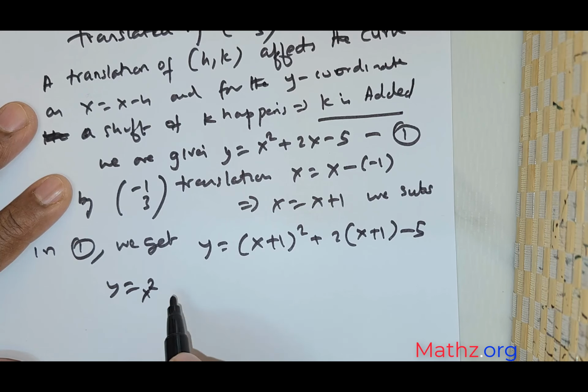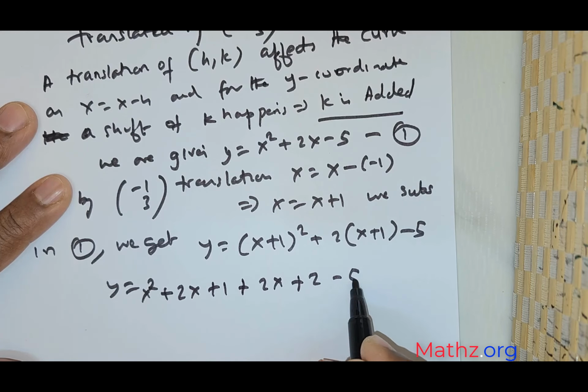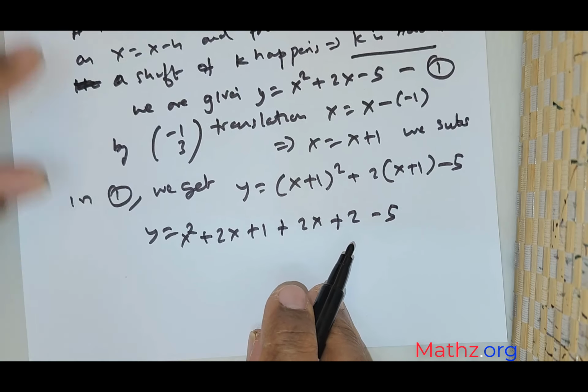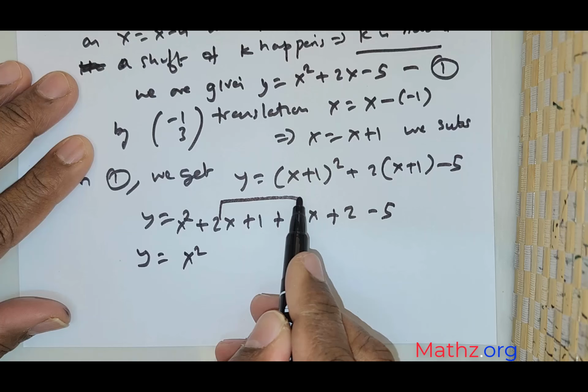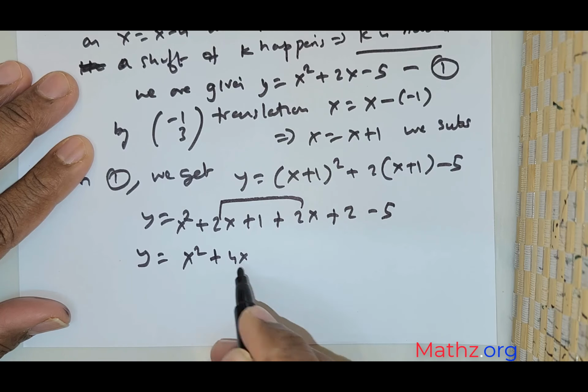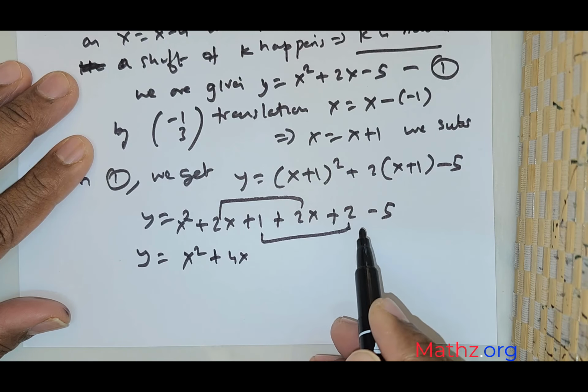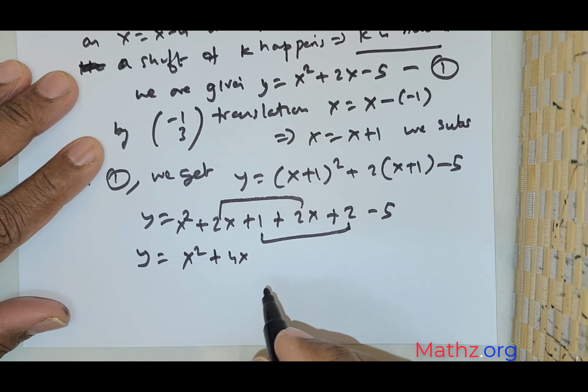This would give you y = x squared + 2x + 1 + 2x + 2 - 5. Simplify this. This would be y = x squared, you add this, you get 4x, 1 added with 2 is 3, 3 added with -5 gives you -2.